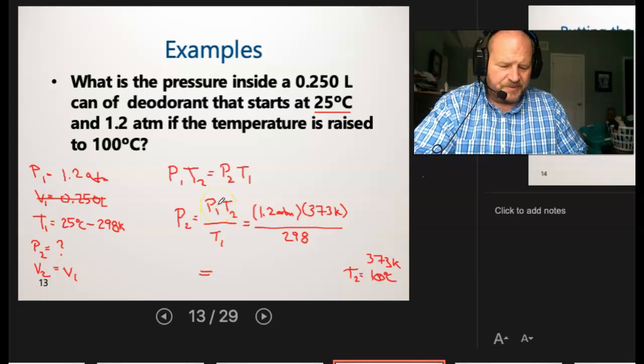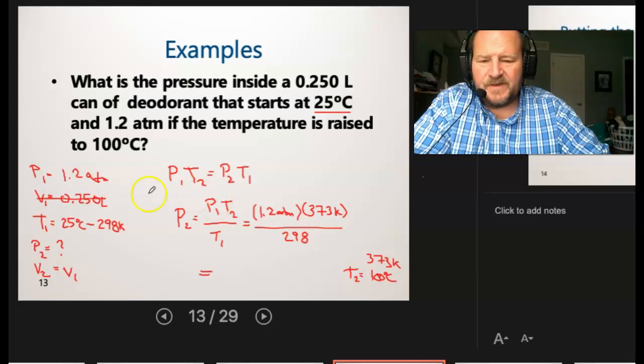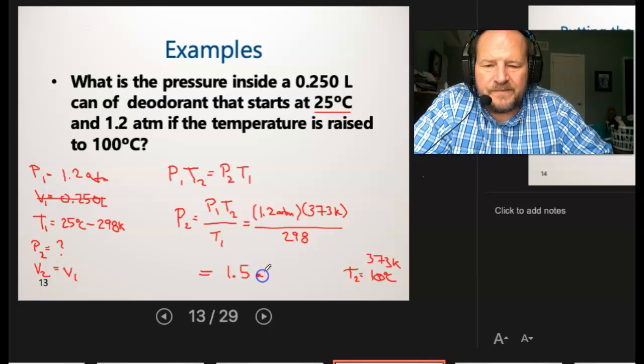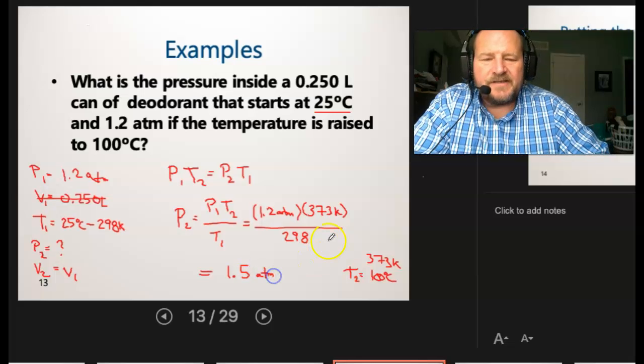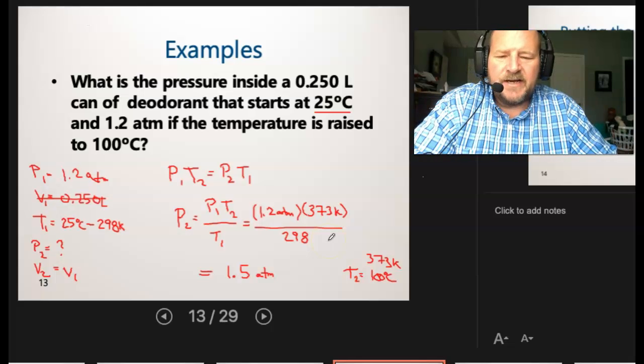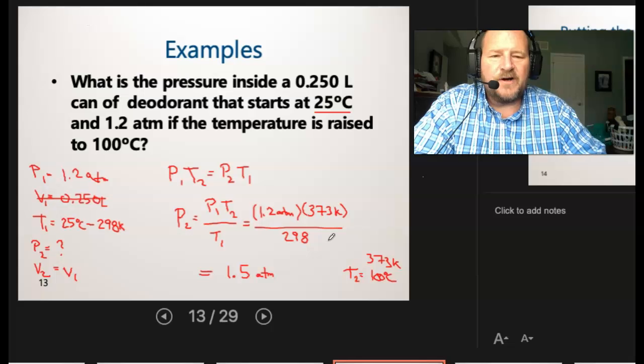So we have 1.2 times 373 divided by 298. That gives me 1.5. We're going to get 2 sig figs here, so 1.5 atmospheres. Now temperature went up. What should happen to pressure? It should also go up, and it did. So it looks like we're doing well here.